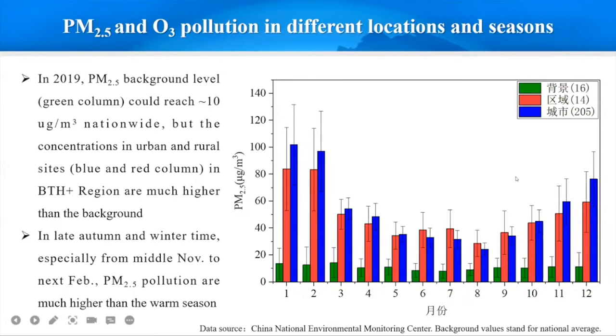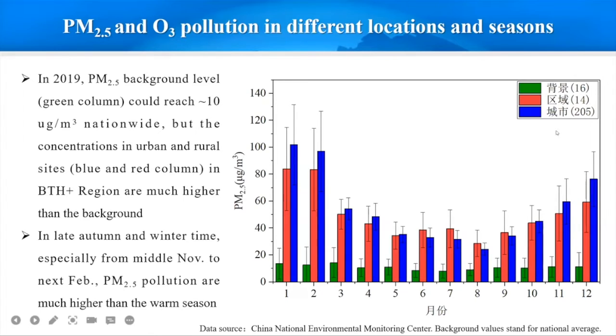And these slides show the monitoring data from the background, the regional concentration, and also the rural observation. The green column shows the background, and the background values stand for the national average, because we think for the whole of China, the national average background is the real background for the whole region.